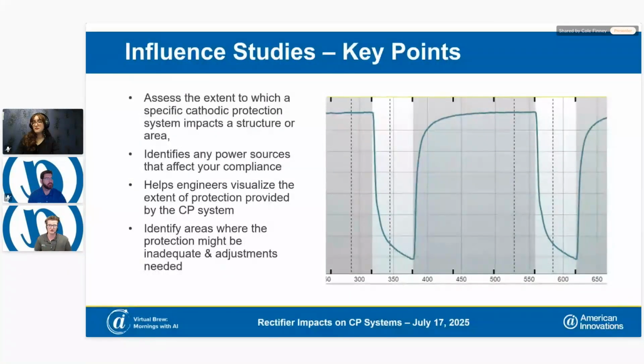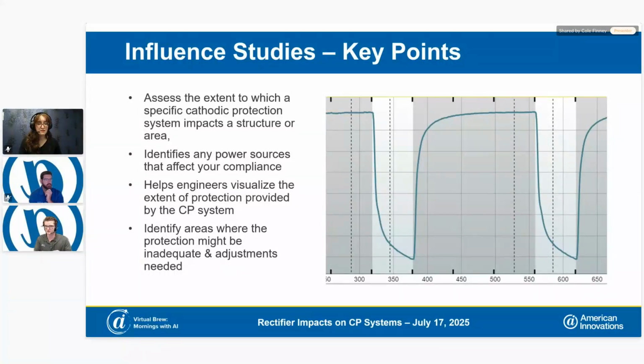So these are some key points for what goes into an influence study. It's really focused on, like I said, specific system impacts for your CP system. So these are things like your decouplers, your anodes, potentially bonds, and your own rectifiers, and if there are any power sources on your line that affect your own compliance. This is super helpful because engineers use this to understand the level of protection provided by your CP system, because this is performed with close interval surveys as well as periodic and annual surveys.